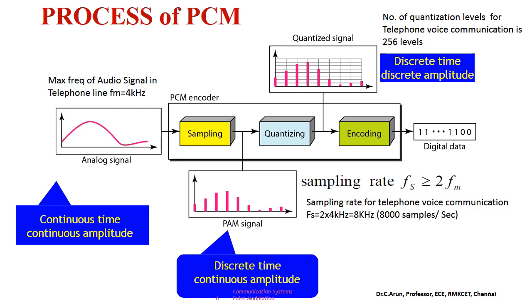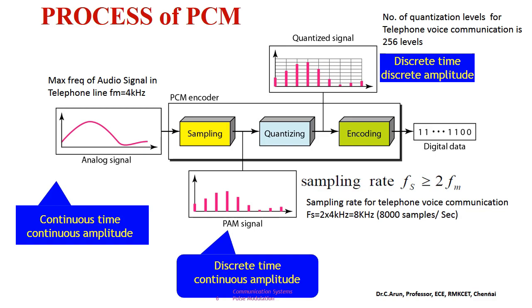So the quantization level will be represented using binaries. That binary represents the corresponding value of the sample. The corresponding binaries are released by the encoder. So each and every sample will be passed through this encoder. Finally you are able to get a digital output.